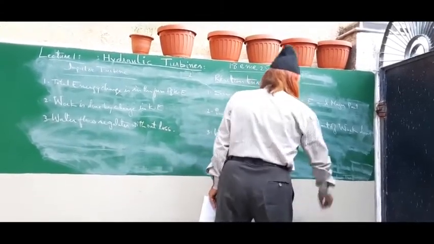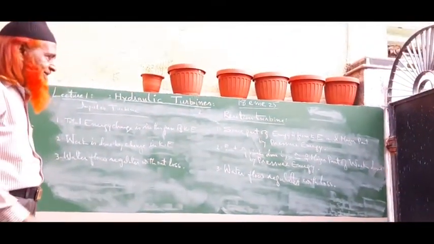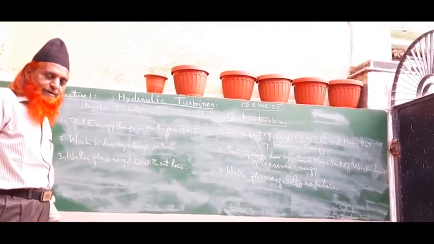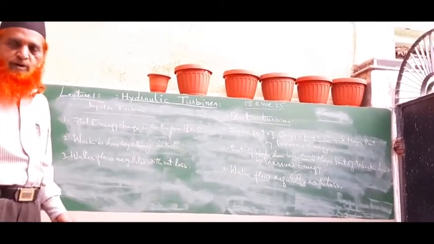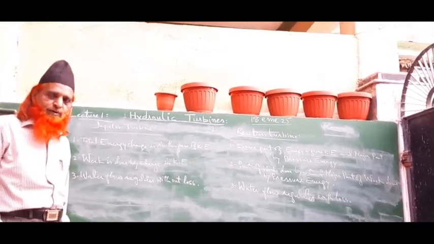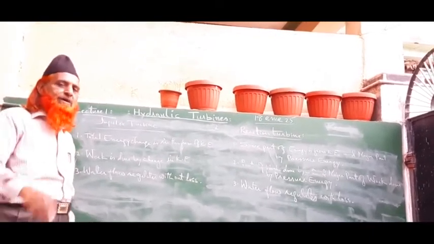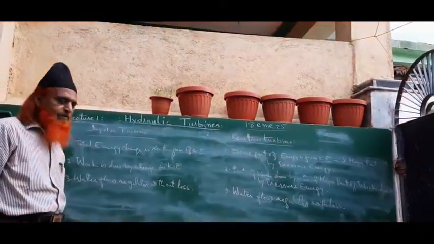But one thing is done, that is by using the draft tube. Whatever pressure is there, it is not only expanded to atmospheric pressure and then left out. By using the draft tube, even up to vacuum pressure it can be expanded. That you will come to know when we are talking about the Francis turbine and the Kaplan turbine.